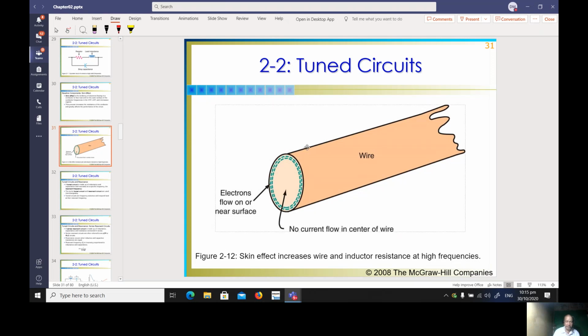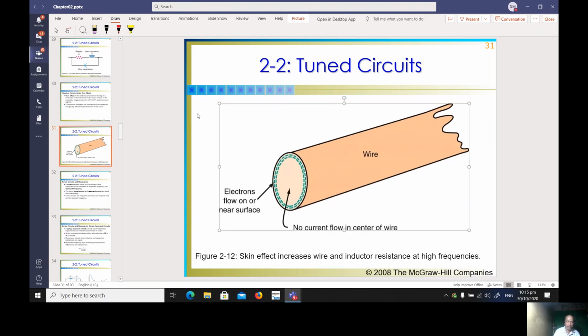Anyway, so this is skin effect. This is the conductor. Pag higher frequency na pumapasok diyan, which is the UHF, from 300 megahertz to 3 giga.